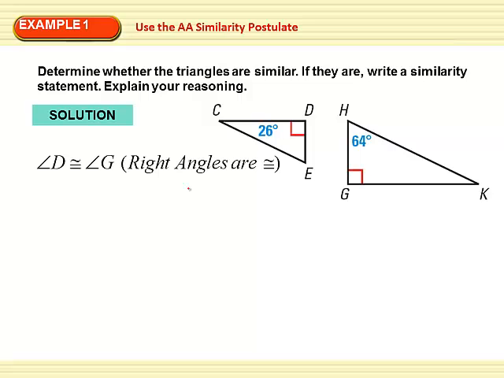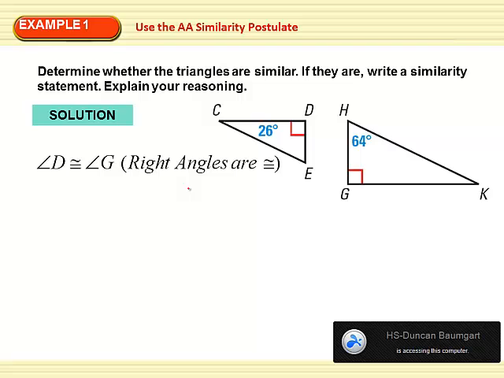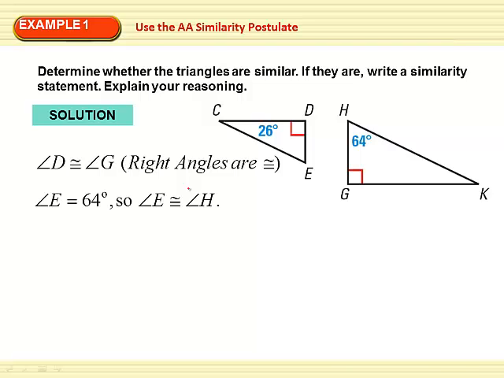We know that angle D is congruent to angle G, because right angles are congruent. We know E has to be 64. How do we know? Because by the triangle sum theorem, you can subtract and solve and get 64. You could also do it with angle K if you wanted to.